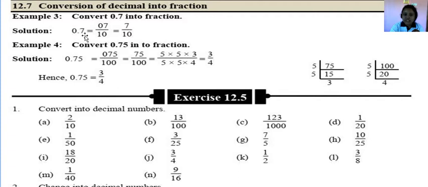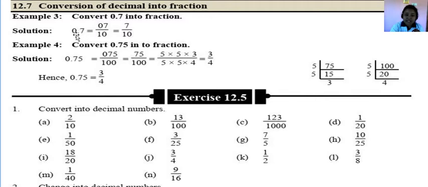When this sort of question is given, you have to calculate first how many numbers are there after the decimal, and you will replace the decimal by 10 in the denominator.